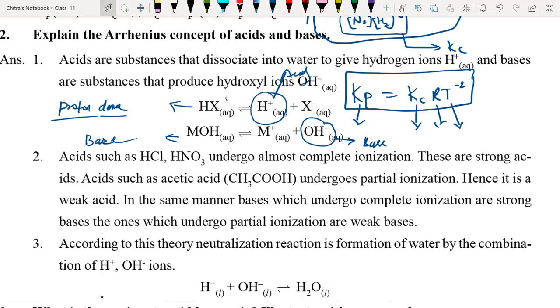It is according to Arrhenius. Acids are the substances that dissociate in water to give hydrogen positive ion, and bases are the substances that produce hydroxyl ion, meaning OH negative ion. This is the definition of acid and base according to the Arrhenius concept. Understood first point? Yes, very easy.